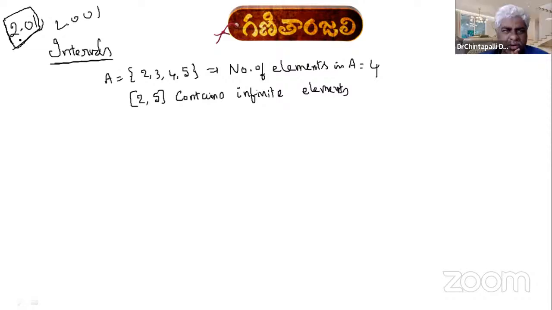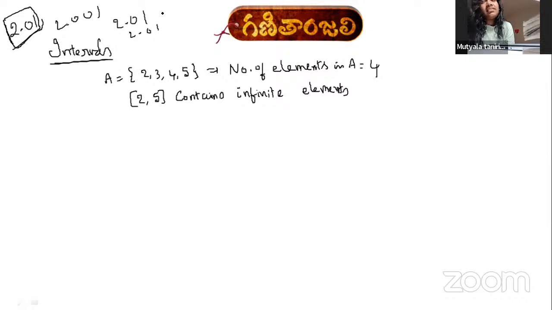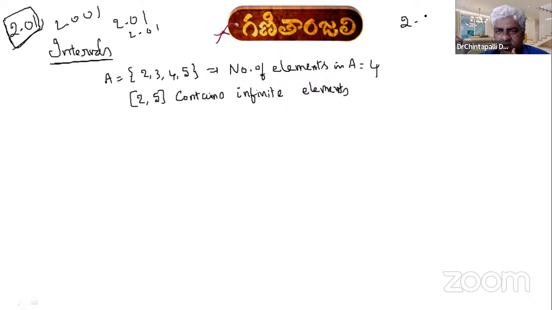How do you read 2.01? 2.01 or 2.01, both are correct and accepted. Do you know any reason to say 2.01?